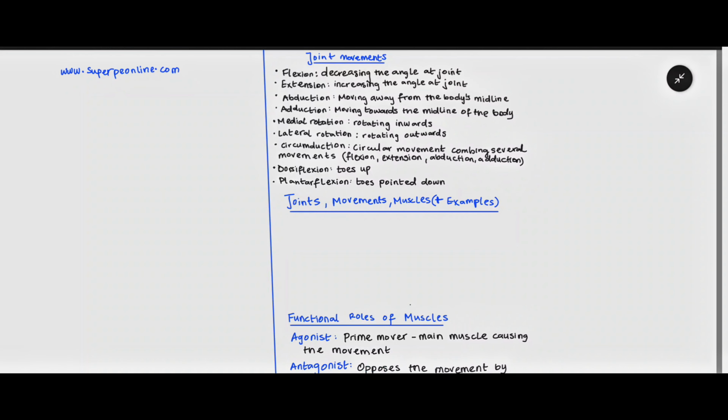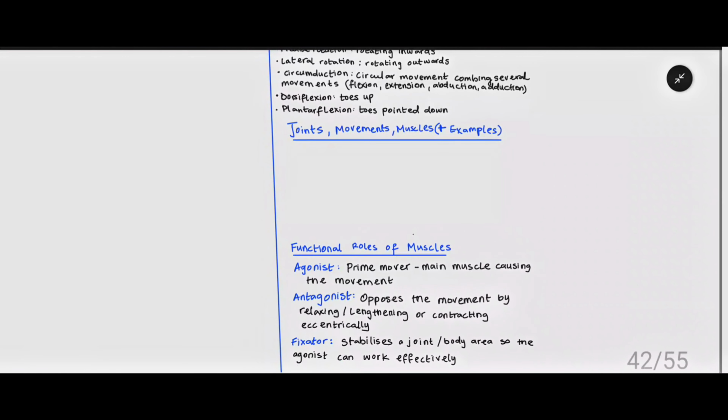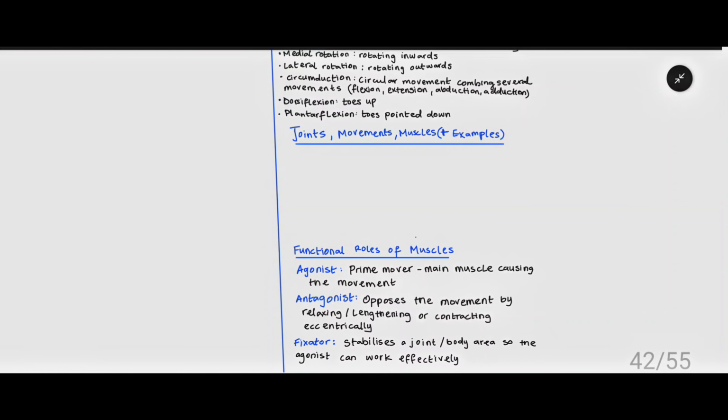Alright, now we've looked at some movement analysis at the joints. We've looked at the actual actions, movements that happen at the joint, and the agonists that cause those movements to happen. We've also looked at the antagonists that oppose the movement. We've looked at the roles of muscles, agonists, antagonists, fixators. This is really important when we're going to look at something called JAM analysis later on in this video.